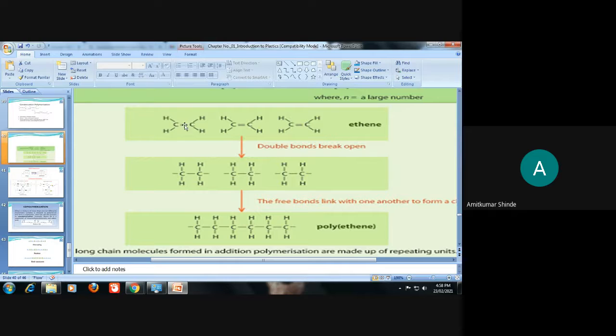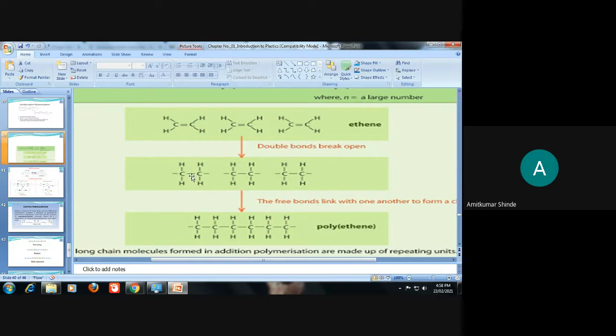Why am I explaining this? In the initiation process, this pi bond is broken. Here you can see this is the first stage. What exactly occurs in the initiation process?